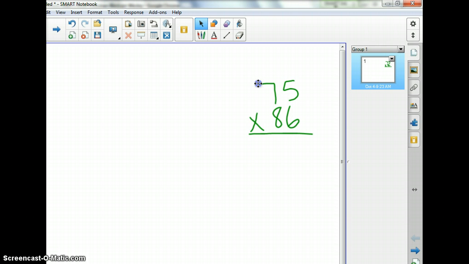Absolutely you can. Use your chart if you need to, or the number strips on the wall.